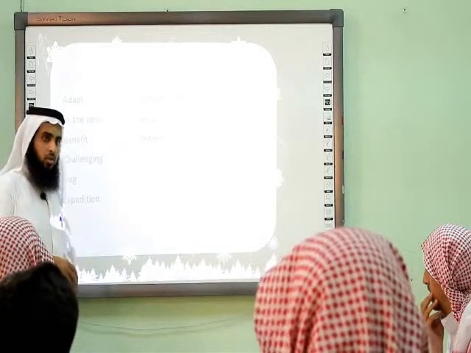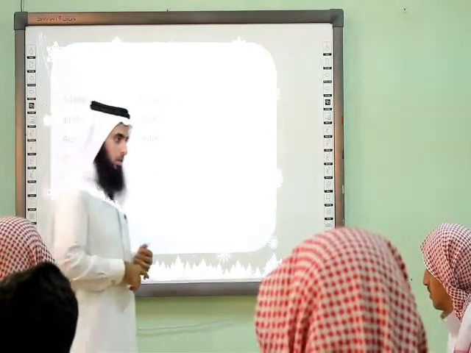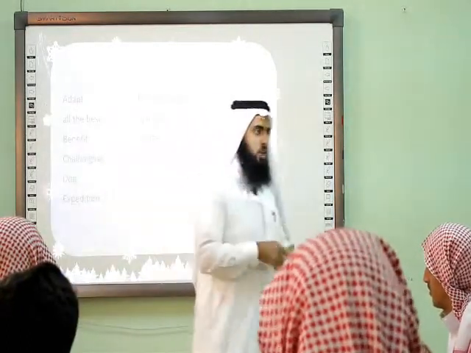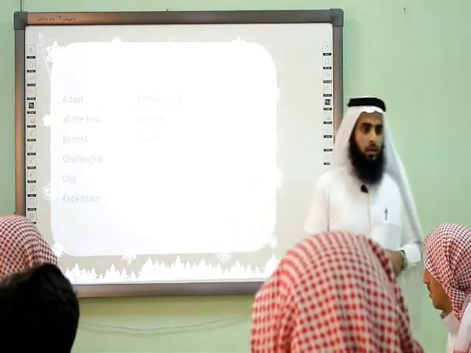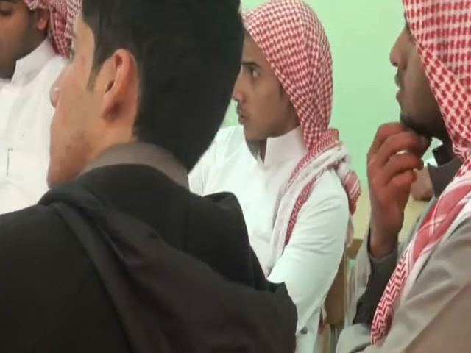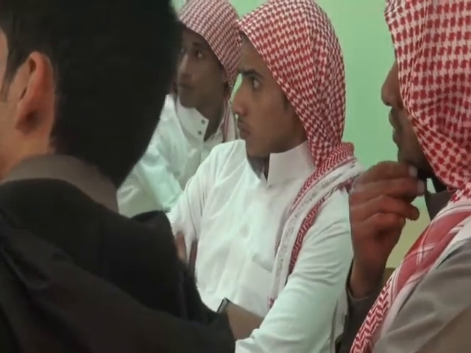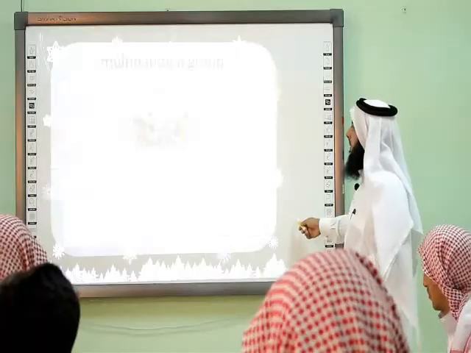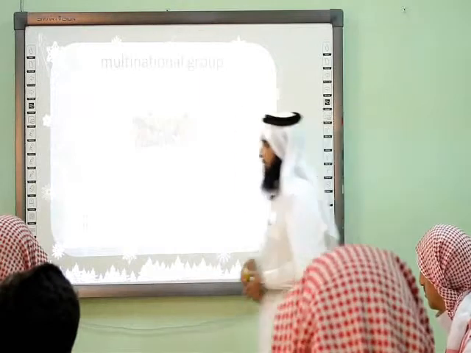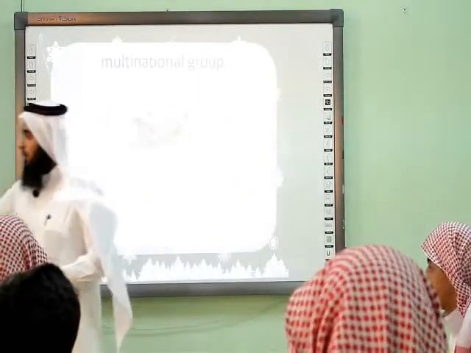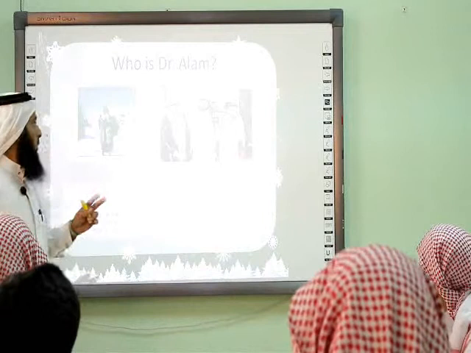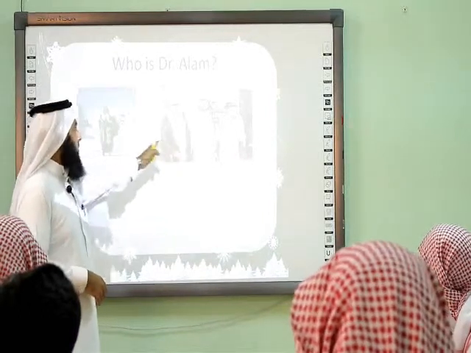Do you remember any words? Sledge. Why is he wearing a jacket? Why? It's very, very cold. So you have to adapt to the new climate and wear something. Very good. Now this is Dr. Ibrahim Alim and Dr. Mustafa Muammar.